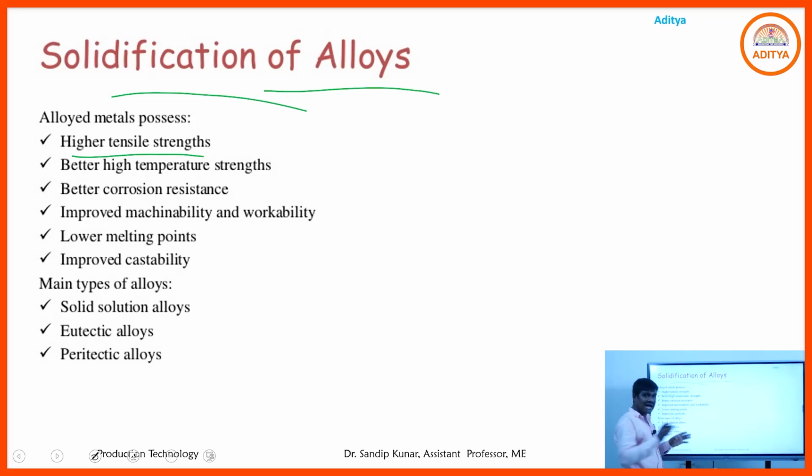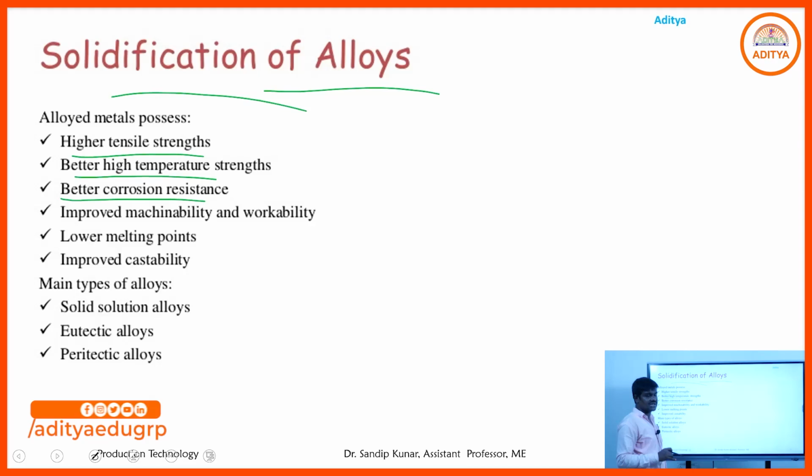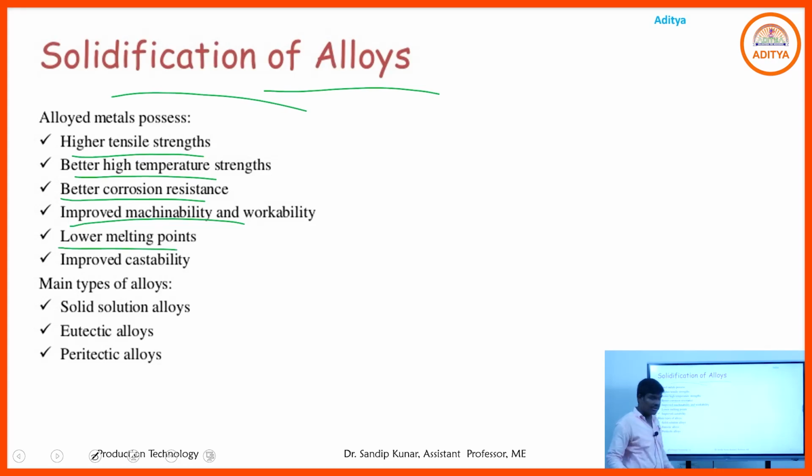They also have better high temperature strength, meaning they sustain higher temperatures, and better corrosion resistance, meaning they do not easily form oxides by reacting with oxygen. Machinability and workability are improved, they have lower melting points, and improved castability. These are the properties of alloys.